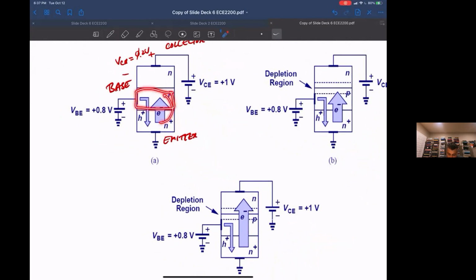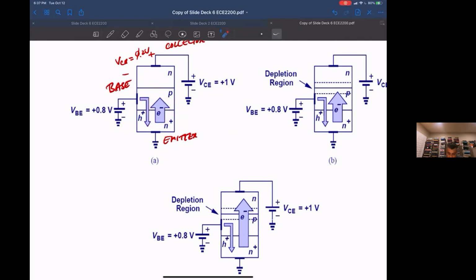And then you're allowing holes to flow from a region of high hole concentration to a region of low hole concentration, so from base to emitter. Now, if you have a lot higher doping on the emitter side than the base side, then the electron current can be a lot higher than the hole current.